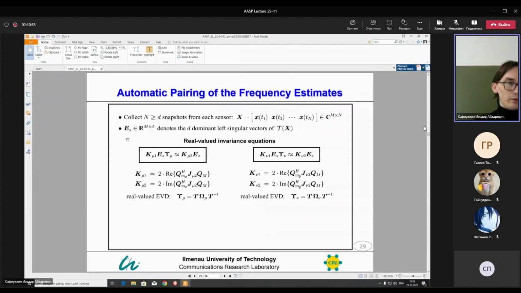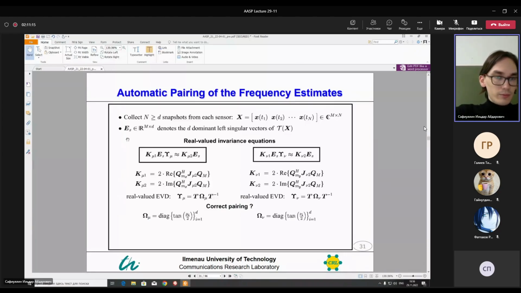Then we have this real-valued eigenvalue decomposition for matrices epsilon sub mu and epsilon sub nu. And we need to find the correct pairing between these values of matrix omega.